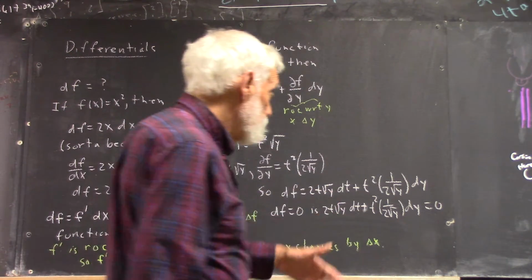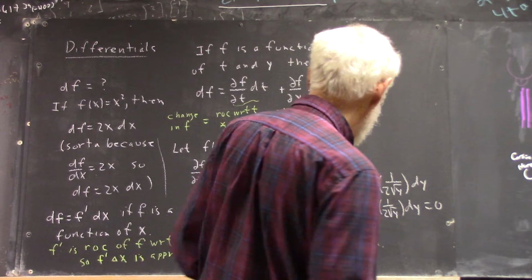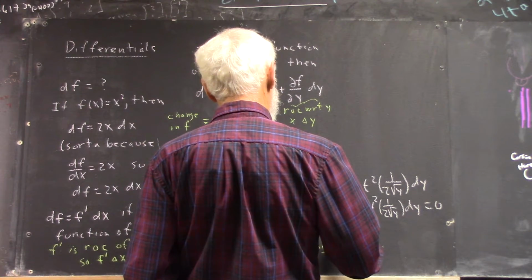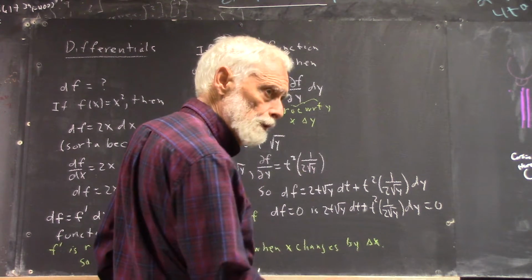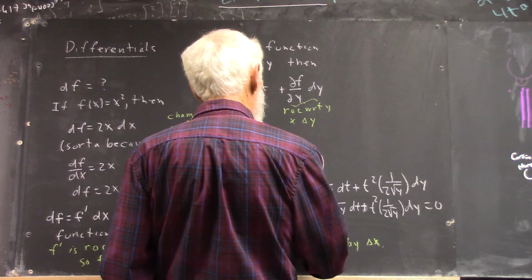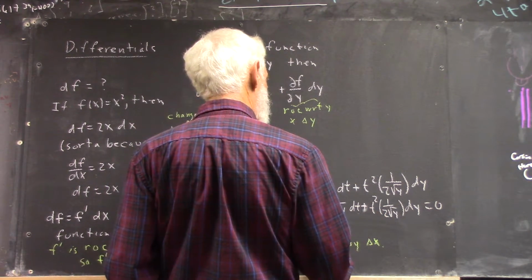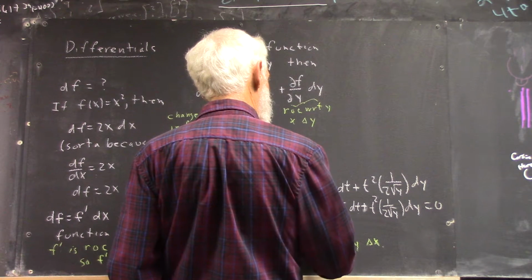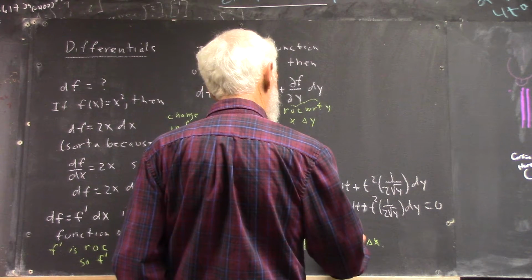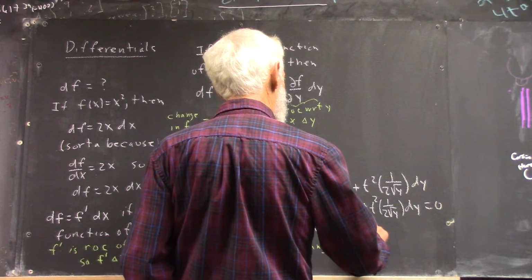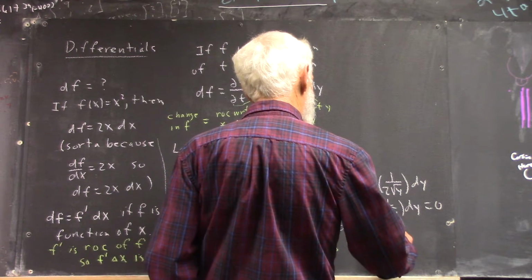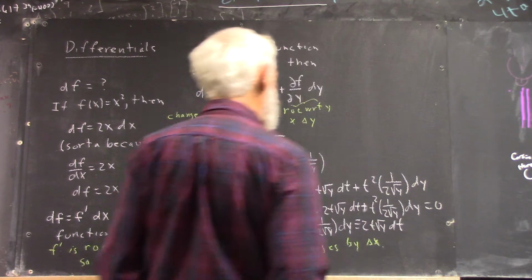Well, that's easy to rearrange. Didn't leave myself enough room, but it's easy to rearrange. Okay, I'm going to write it out as t squared times 1 over 2 square root of y dy equals negative 2t square root of y dt, right?